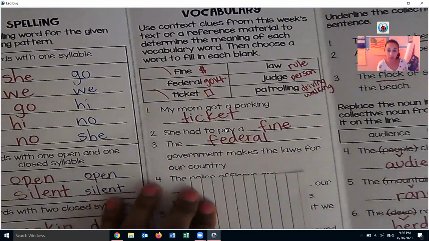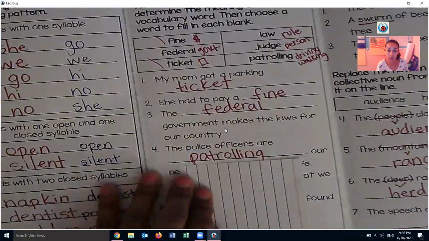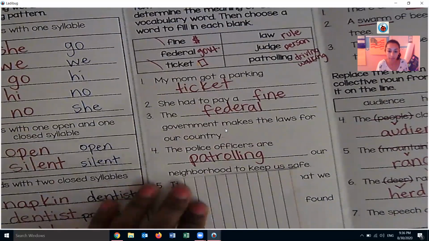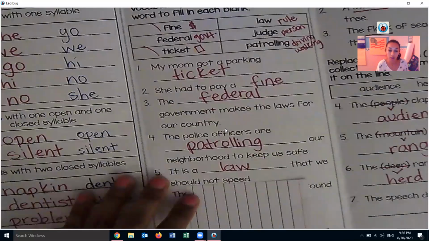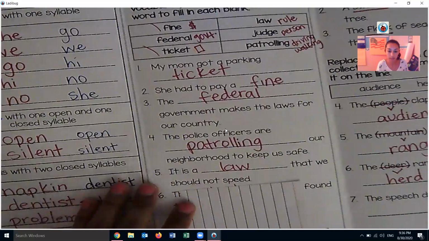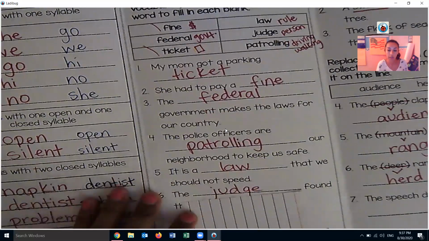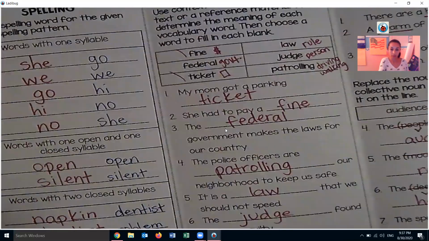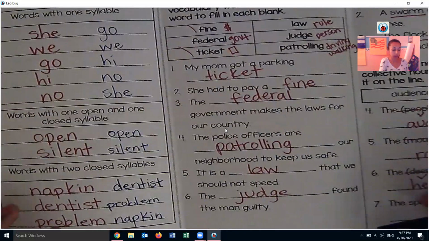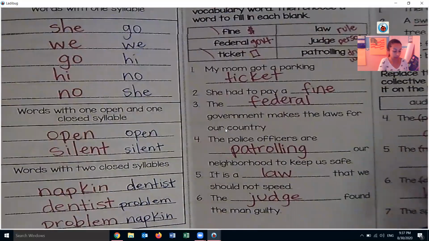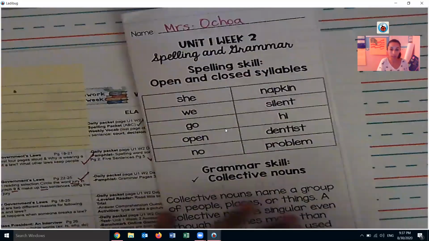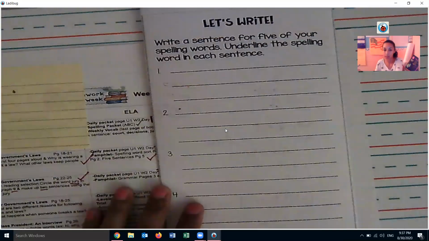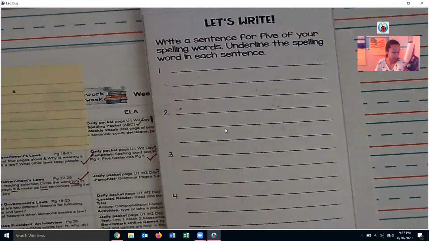The police officers are patrolling, driving around, walking around our neighborhood to keep us safe. It is a law that we should not speed. And the judge found the man guilty. So those are the 6 vocabulary pieces, which then brings us to the last piece, and that's our sentences.